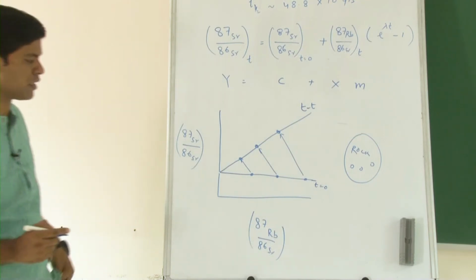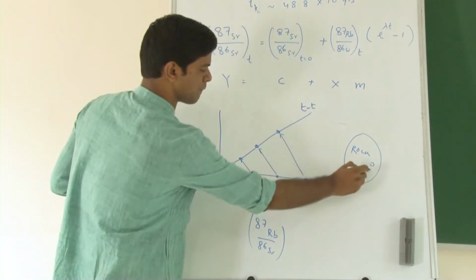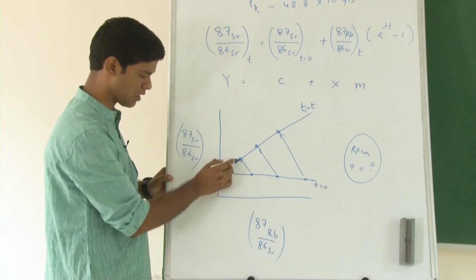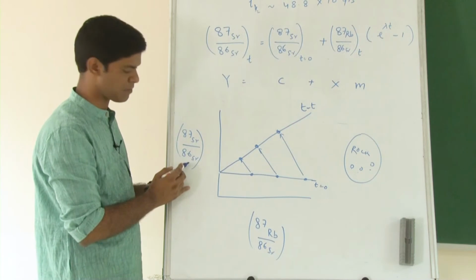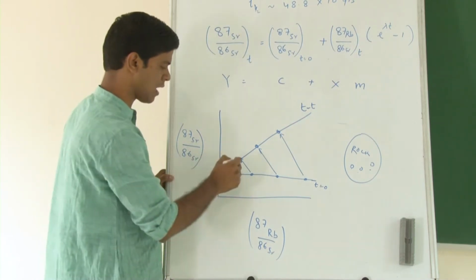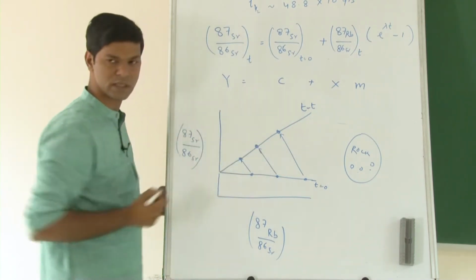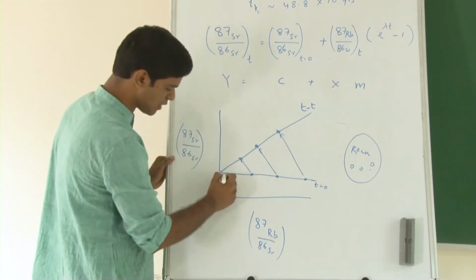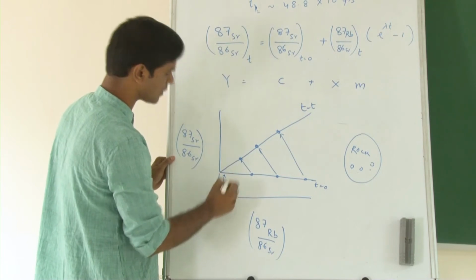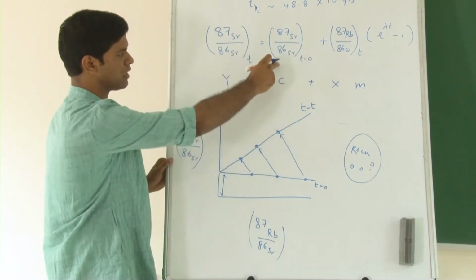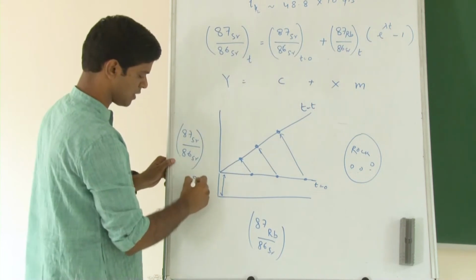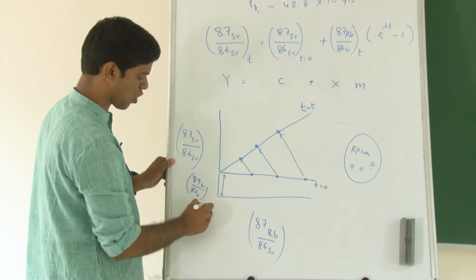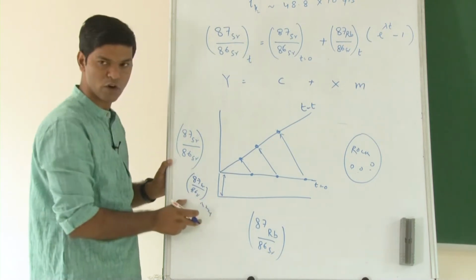So, what you need to do is take these 3 samples, measure the 87 rubidium by 86 strontium today, measure the 87 strontium by 86 strontium today, and put them in the graph. You will find a linear trend, and if you look at this equation more carefully, the y intercept gives you the initial 87 by 86 ratio when the rock got crystallized, the value of the reservoir.